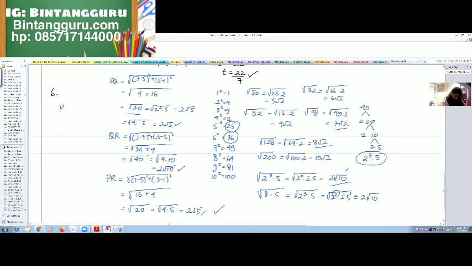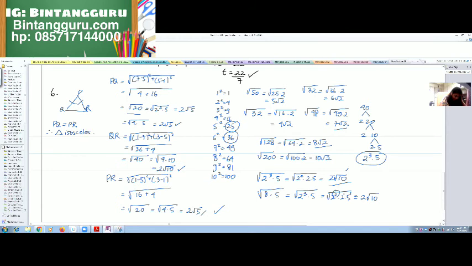So isosceles, right? So the triangle is isosceles.